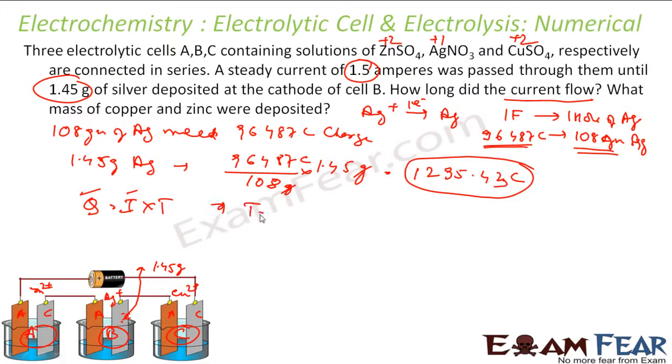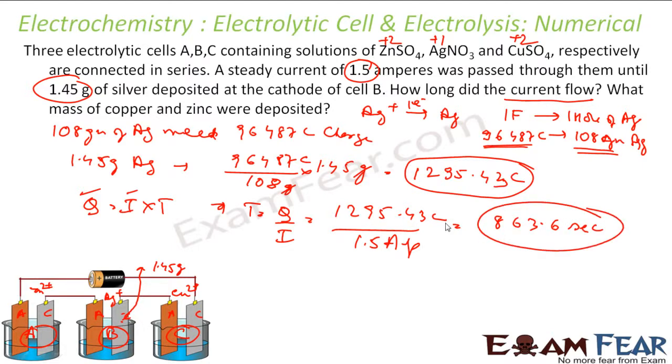So T is nothing but Q by I. Let's put the values, 1295.43 coulomb by 1.5 ampere. You will get it in seconds, right? You solve this, you get 863.6 seconds. You can convert this into minutes, divide by 60, you will get 14.4 minutes. This is the time that was required, right? So current flowed for this time.